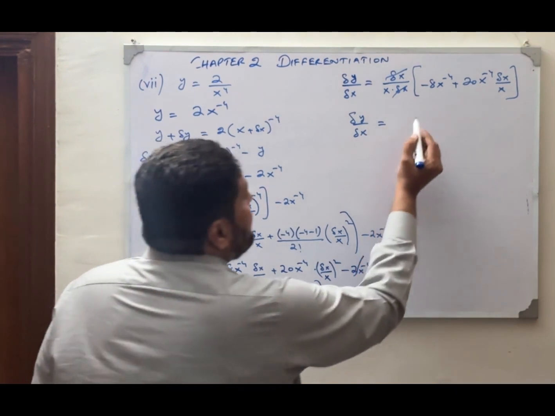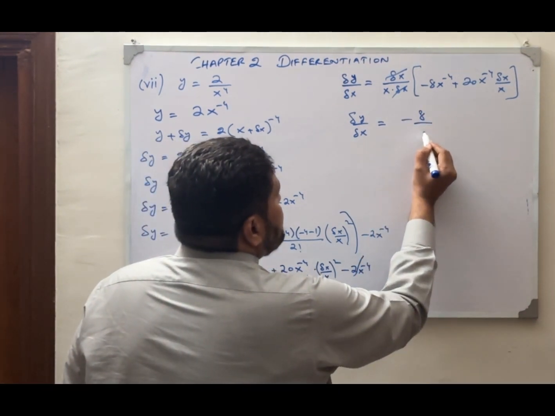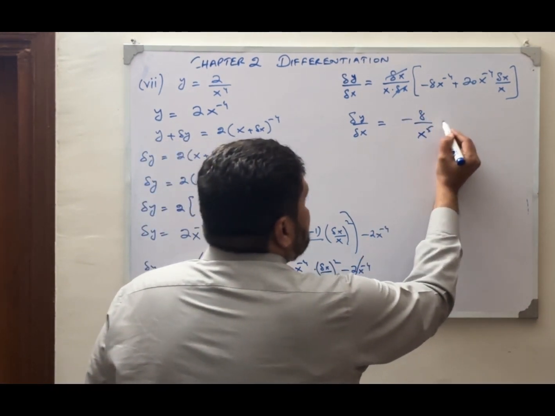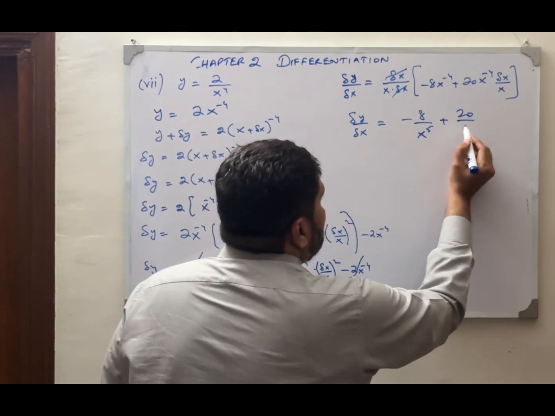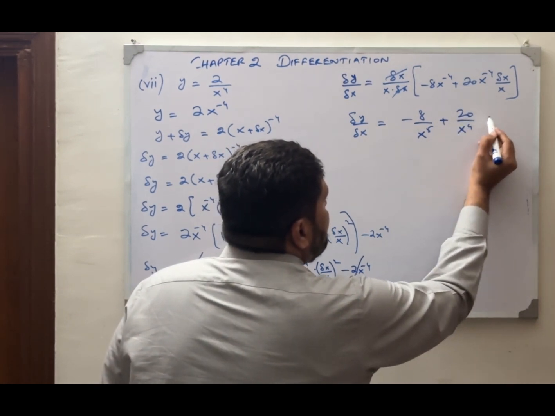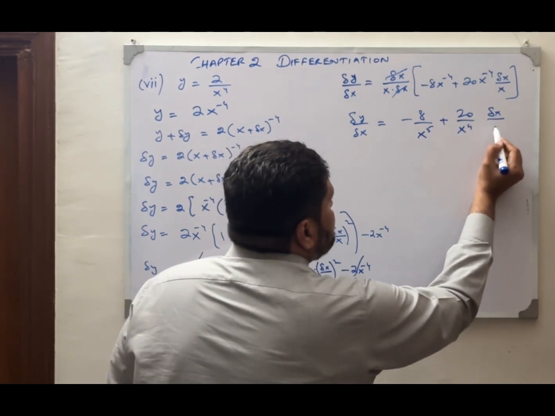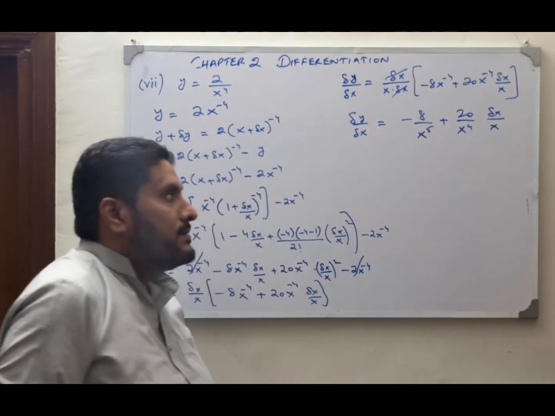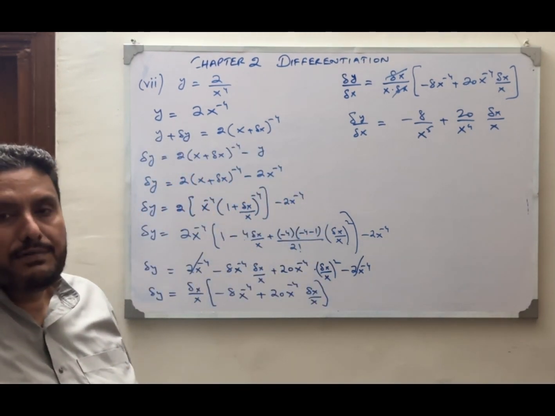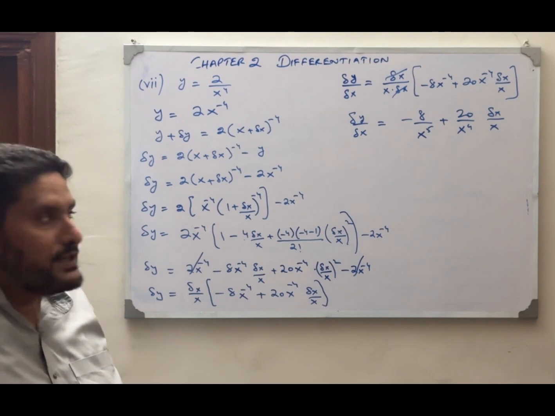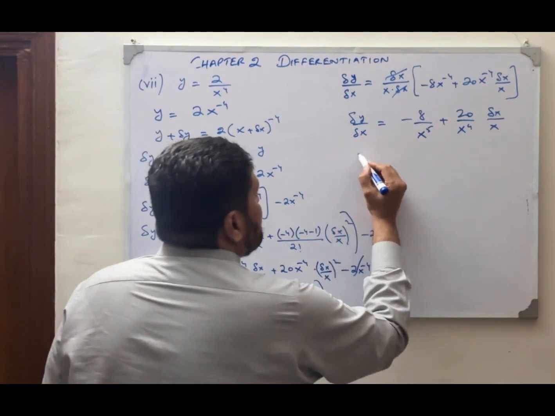So we can write it as minus 8 over x power 5 plus 20 by x4 into delta x by x. So after simplification, we have to apply the limit on both sides of the equation by using step 4.